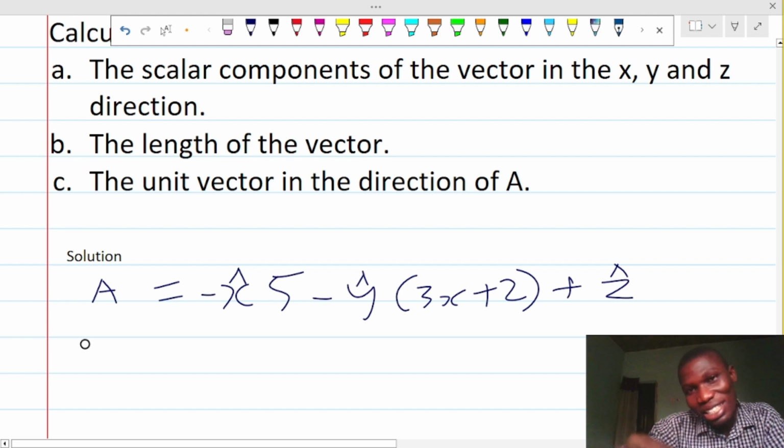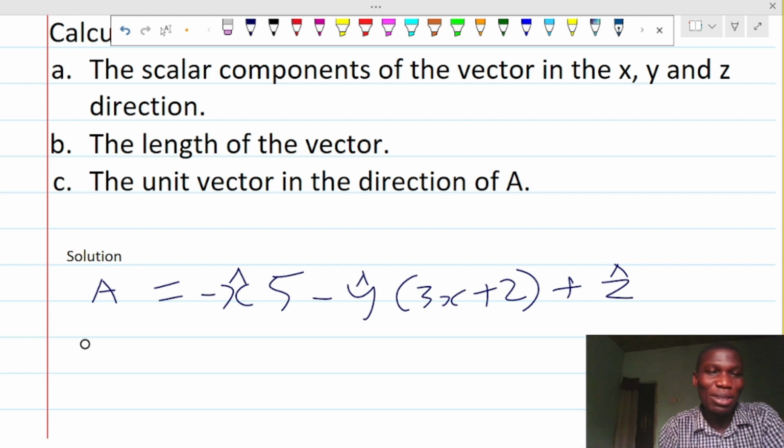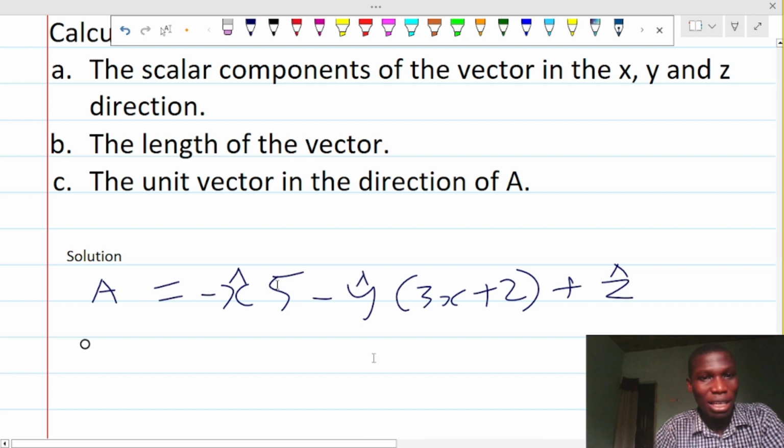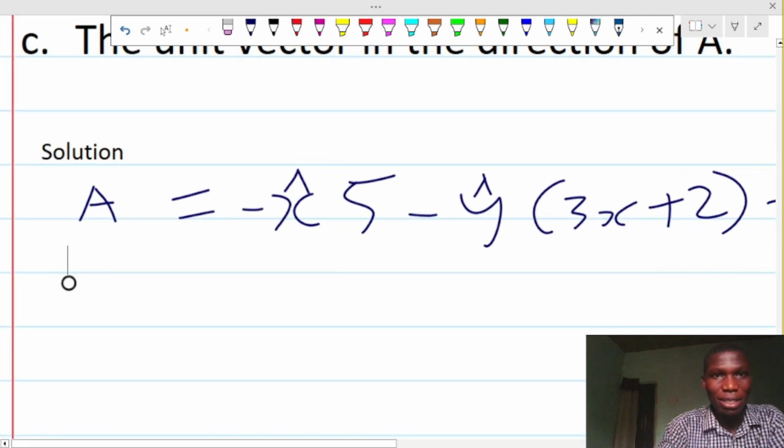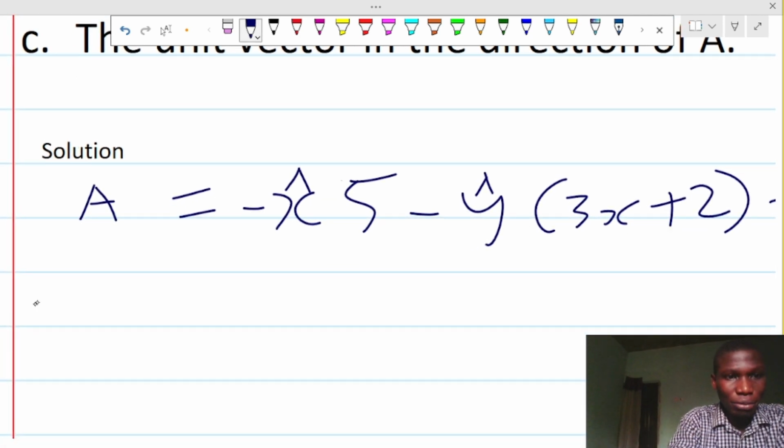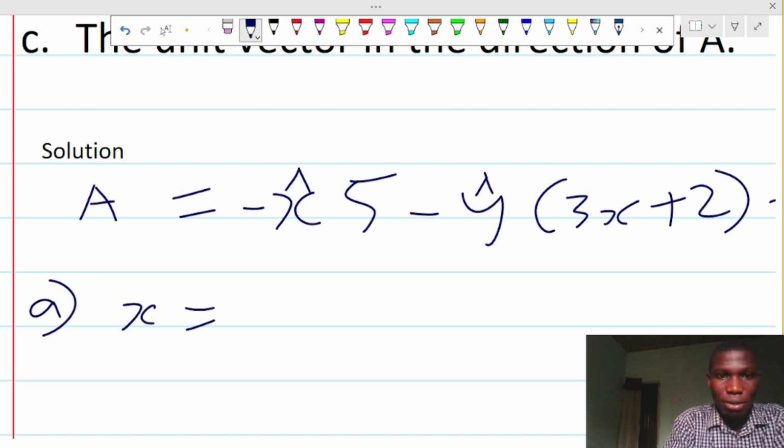That magnitude is the scalar component. So for a, the scalar component in the x direction equals minus 5. Sorry, not just 5, minus 5, because we have a negative sign here.